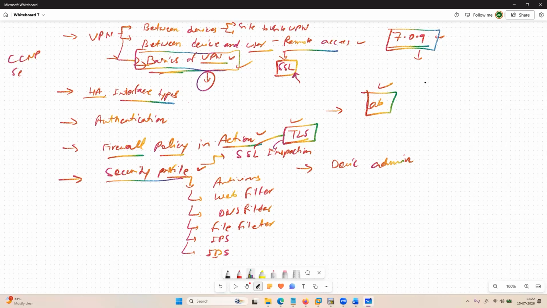That part I will also help you with. How you make an admin profile, and how you can create admin users. Getting it? Yes. And once that is done, there are many more, by the way. We are going to see the transparent mode of the firewall.